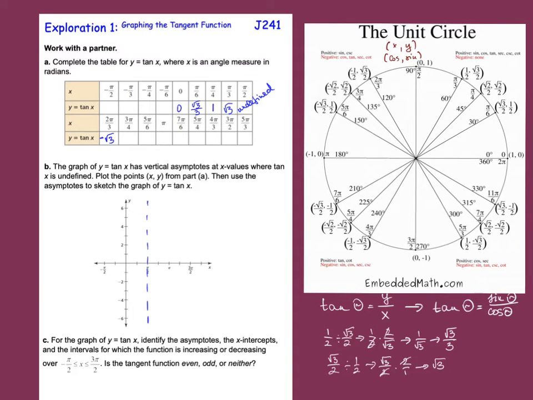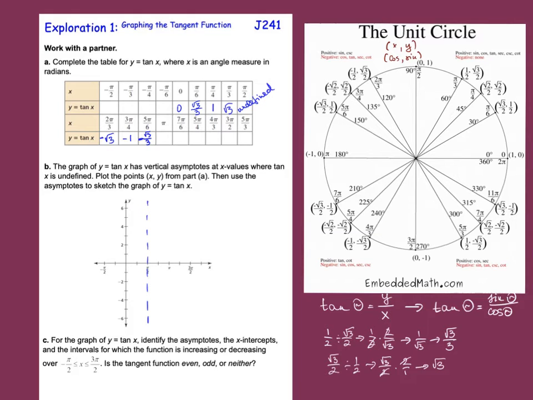So negative root 2 over, or root 2 over 2 divided by negative root 2 over 2. So that's going to give us negative 1. Then we move to 5 pi over 6, 1/2 divided by negative root 3 over 2. So that's going to give us negative root 3 over 3.